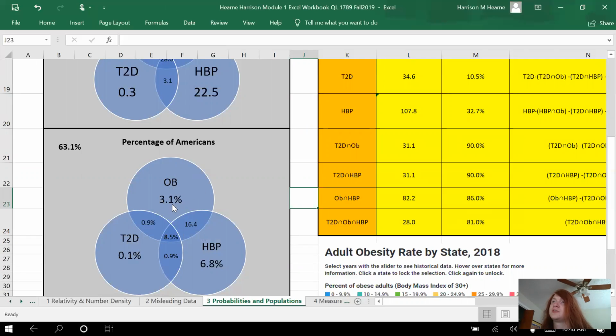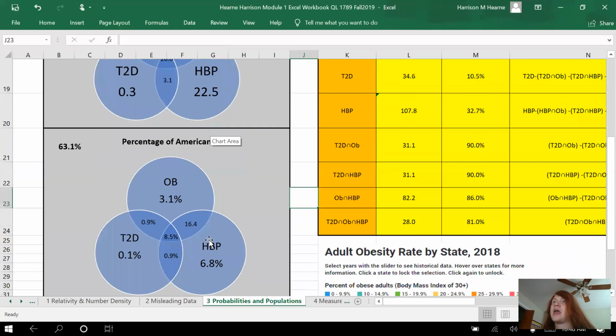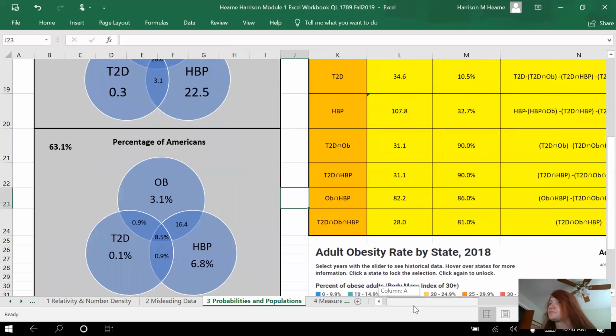The percentage for obesity is 3.1, and the percentage for high blood pressure is 6.8. But the percentage to have all 3 of them, your percentage chance is 8.5 on average. And you can see the percentage chance to have obesity and high blood pressure is 16.4%. And the percentage chance for these other 2 sections are lower than the other ones, but still bigger than the percentage chance to have type 2 diabetes.